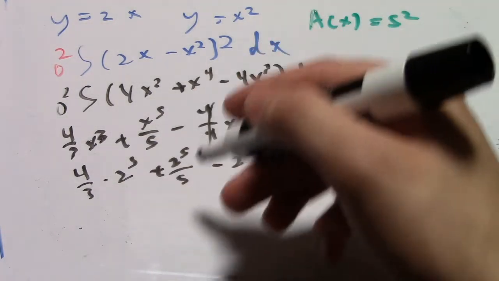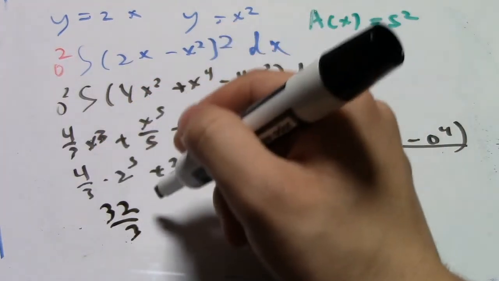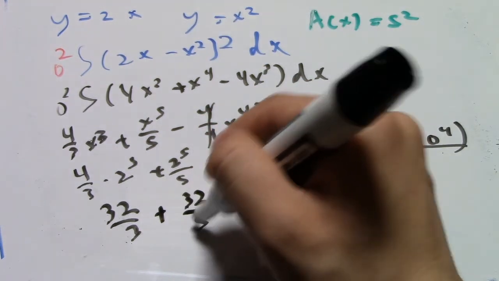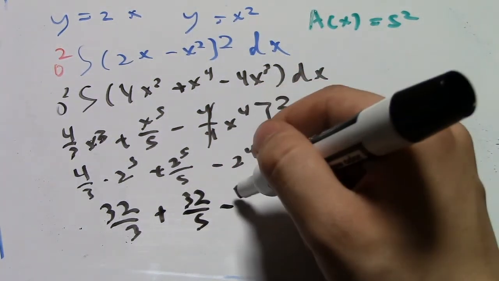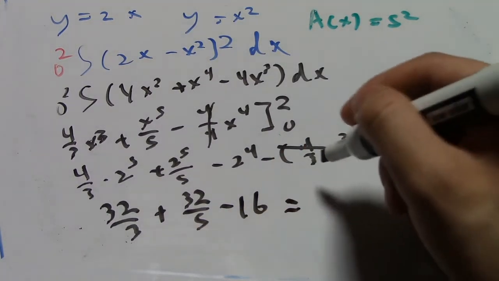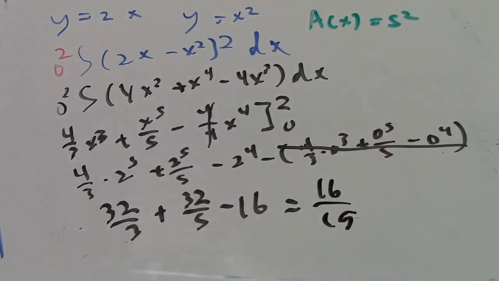Now, 2 cubed is 8, and then times 4, that's 32 over 3, plus 2 to the 5th is 32 over 5, and then minus 2 to the 4th is 16. Now, if you add and subtract all that up, you get 16/15. So that is your answer.